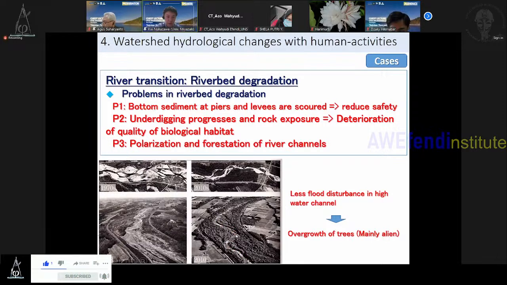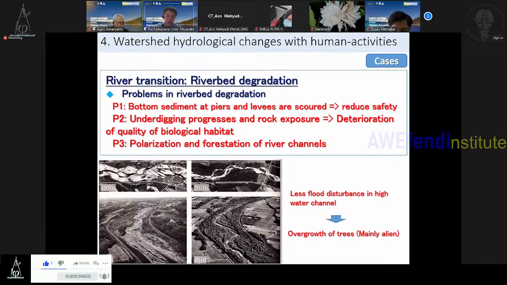This is actually not really good because, how can I say, forest interrupts the water flow. If there are many trees, flooding may be more likely.